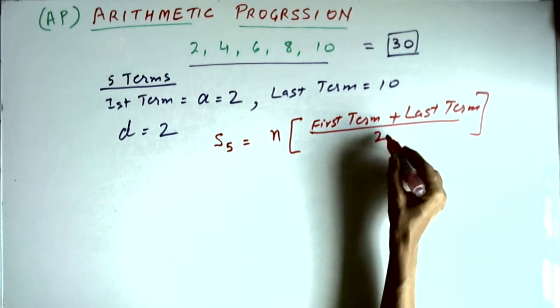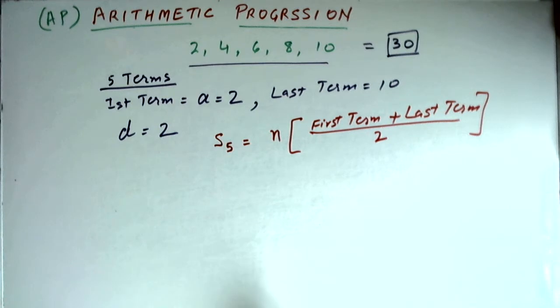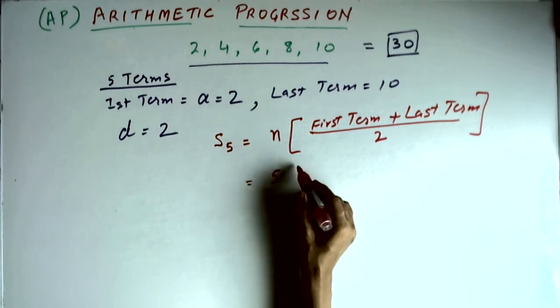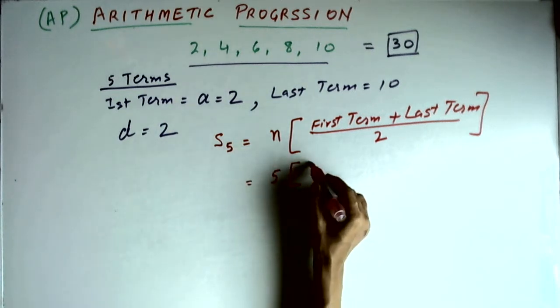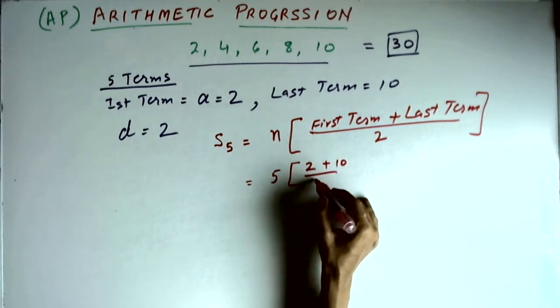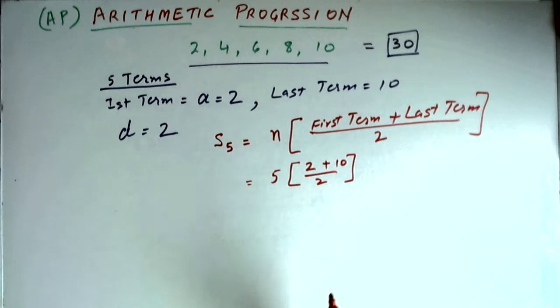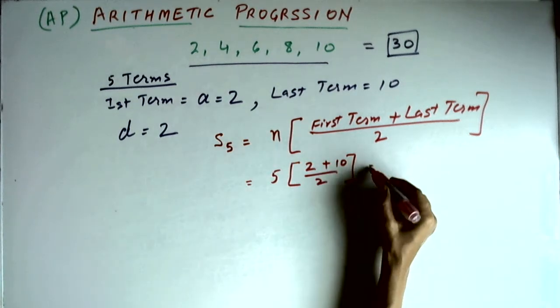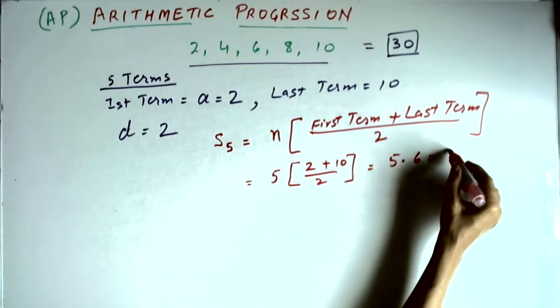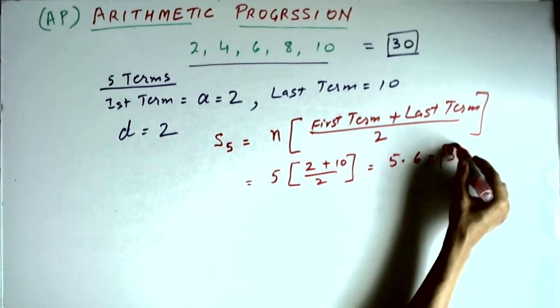So what we are doing is finding the average of the first and last term. In this case n is 5, first term is 2, last term is 10, and this will become 5 into 6, which is 30.